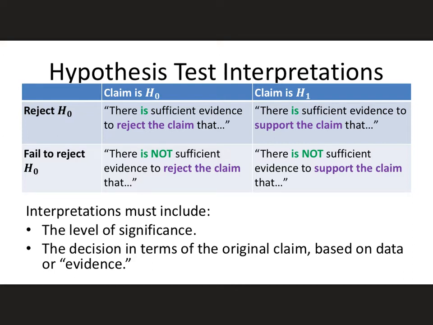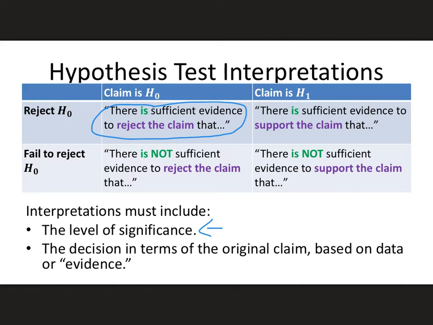So if your claim is your null hypothesis and you said reject the null hypothesis, then you would use there is sufficient evidence to reject the claim that, and then make sure that you put it in terms of the problem. So I usually start mine, because we always want to state our level of significance, with at the level of significance.